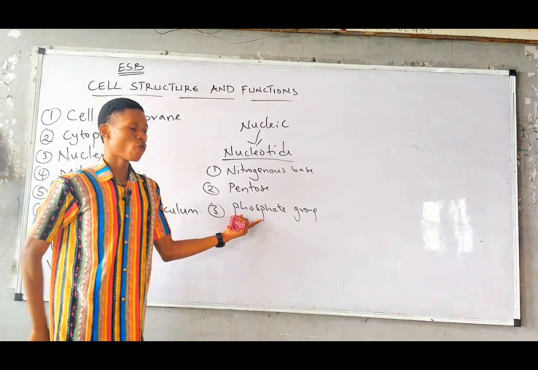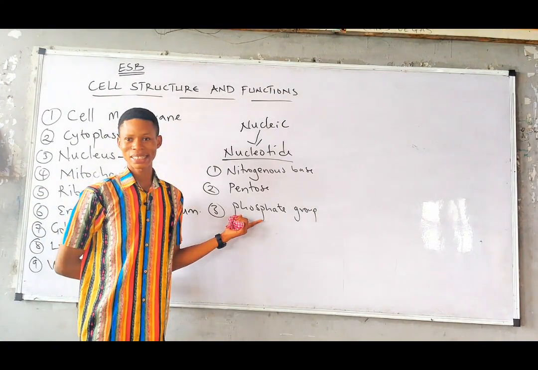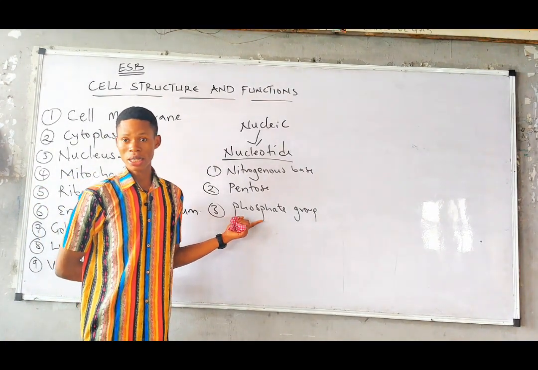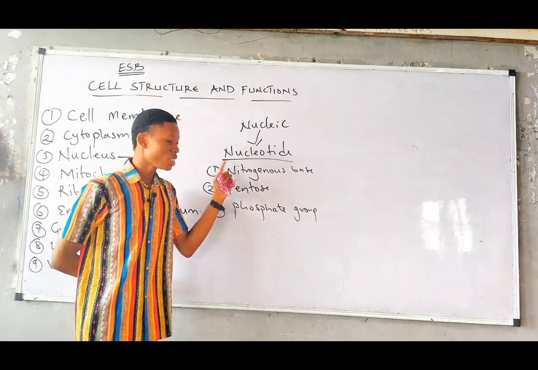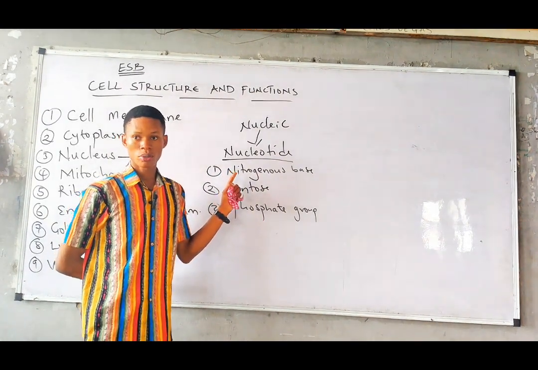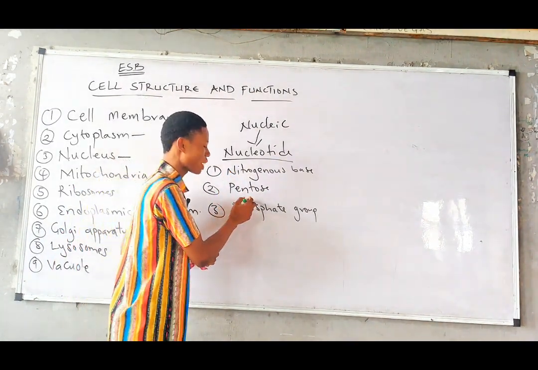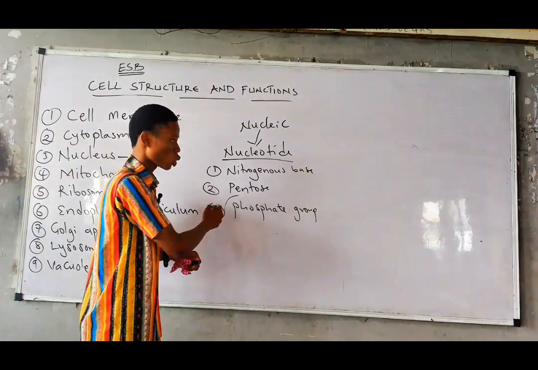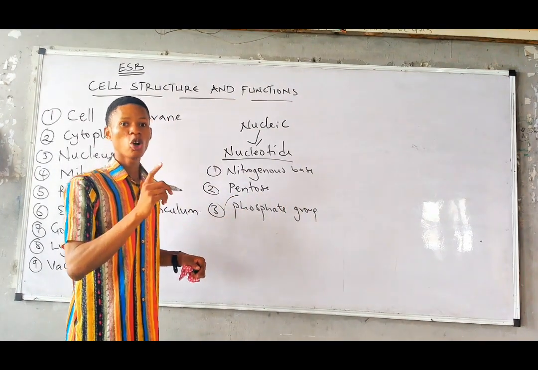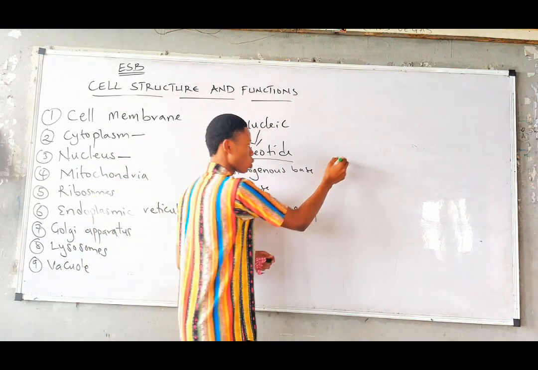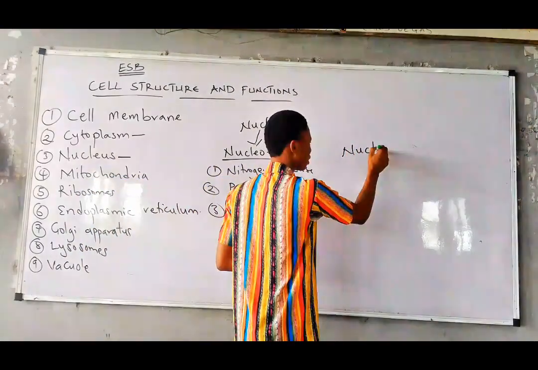If you remove the phosphate group, is it still a nucleotide? It's not, right? Because a nucleotide must contain these three things. Now, if you keep this phosphate group aside, you no longer have a nucleotide, but what you have is called a nucleoside.